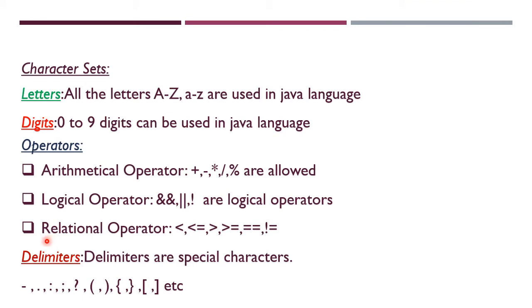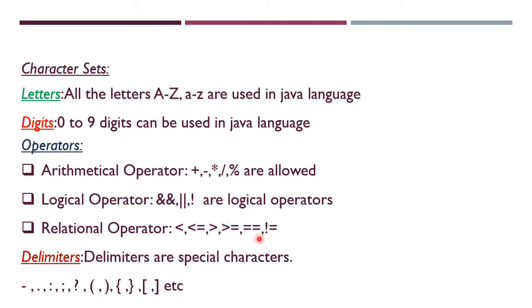And relational operators. You have relational operators like less than, greater than, and equal to, as in mathematics. Here in the Java language you have the less than operator, less than or equal to, greater than operator, and also greater than or equal to.